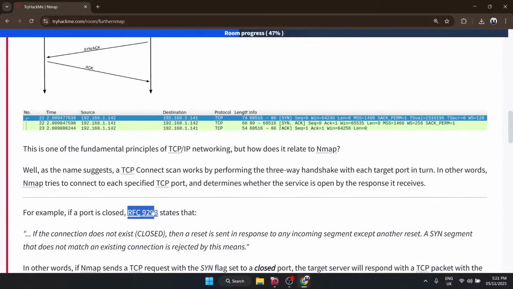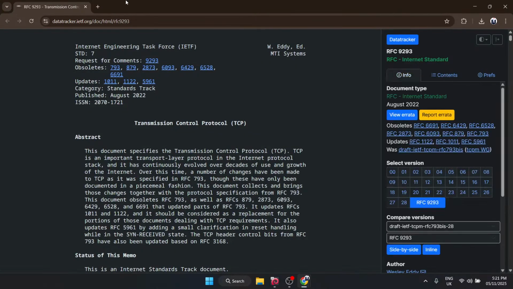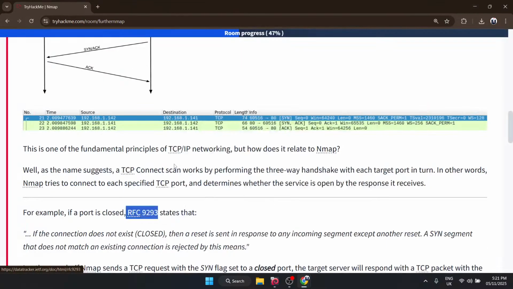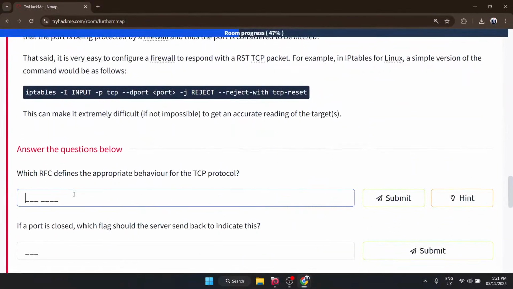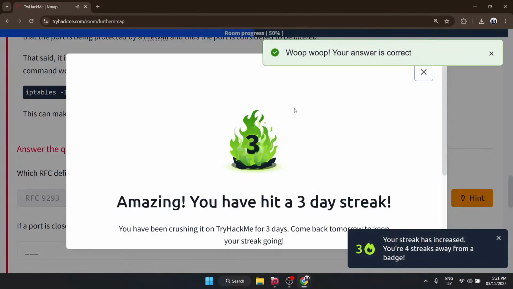Till now, we have only seen this RFC. Also, we can go to this link. Yeah, here also you can see this RFC 9293 specifies the Transmission Control Protocol. TCP is an important transfer protocol, and so on. Everything is mentioned over here. Okay, so let's take it as the RFC.